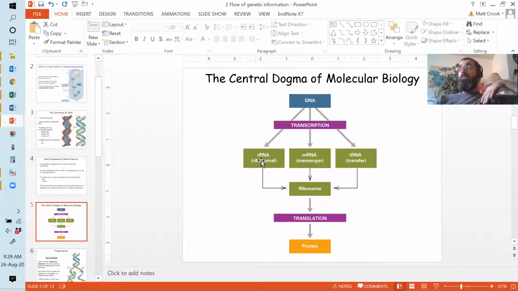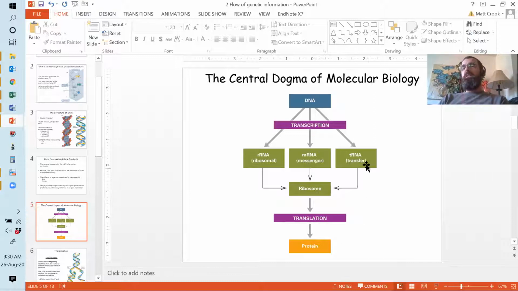So ribosomal RNA is an enzyme as well, called a ribozyme. It's an enzyme that catalyzes peptide bond formation.